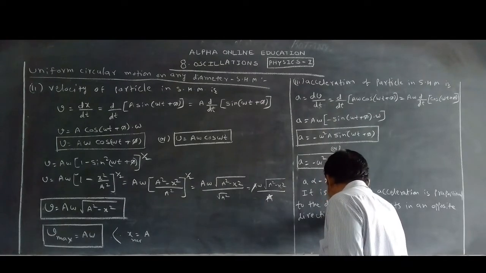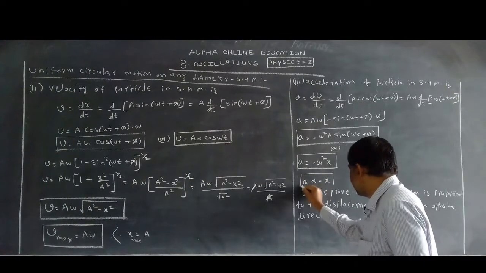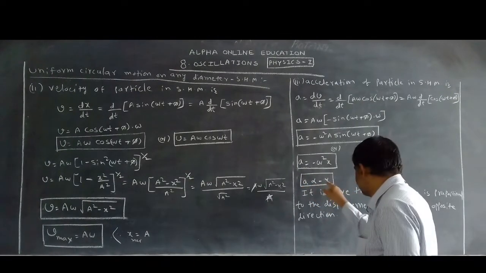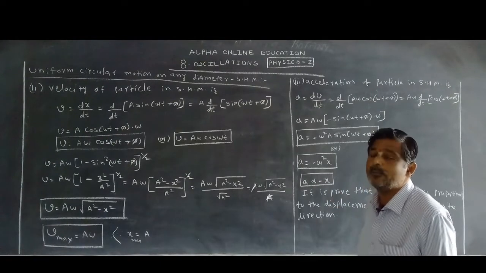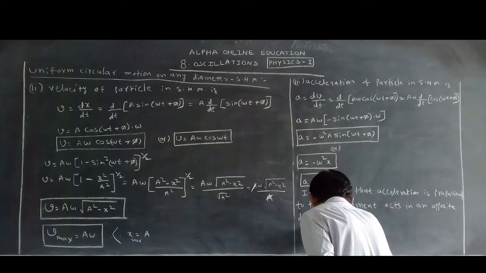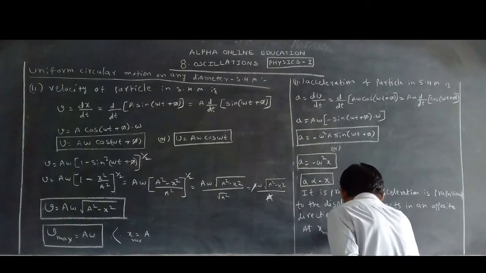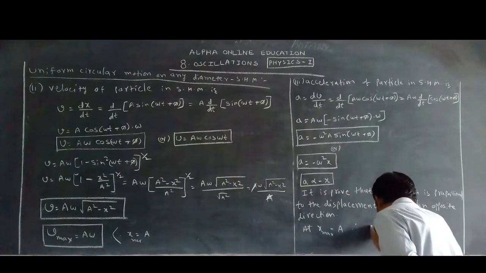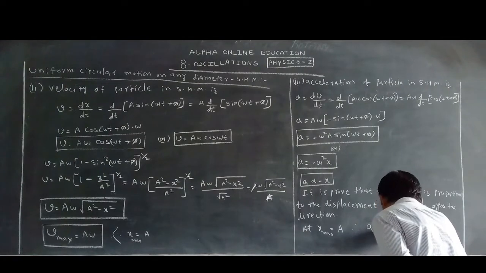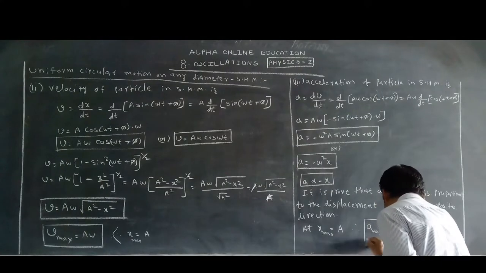Okay? Is it proved or not? Acceleration is proportional to displacement, but it acts in the opposite direction. The negative sign indicates the opposite direction. Next, at x maximum equal to A, therefore a maximum is equal to minus omega square A.